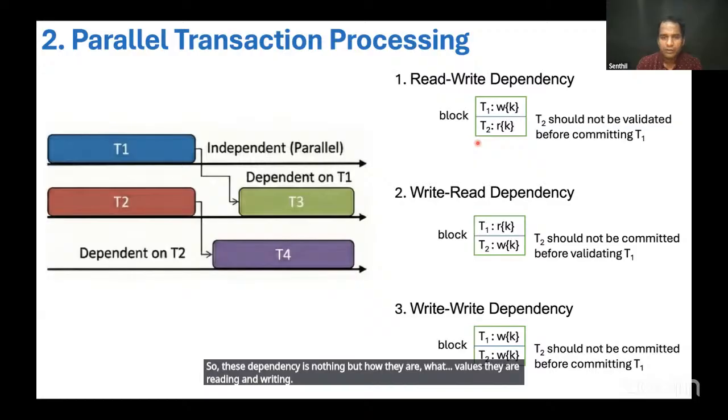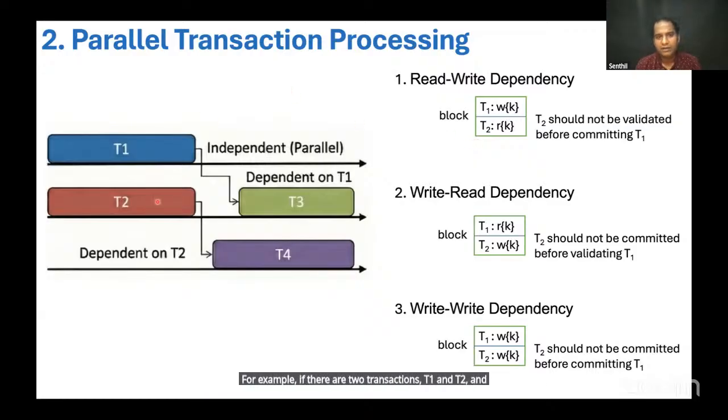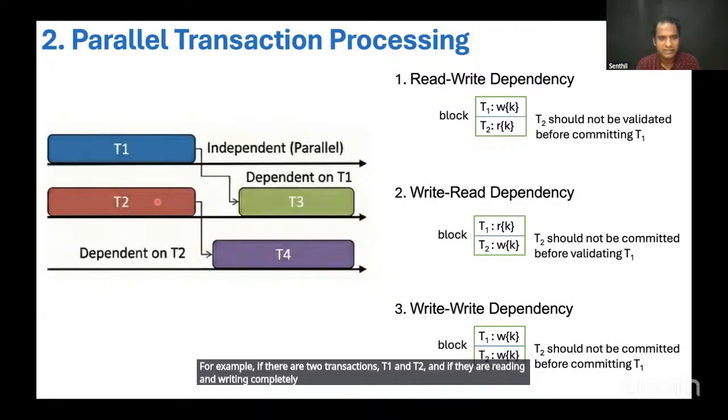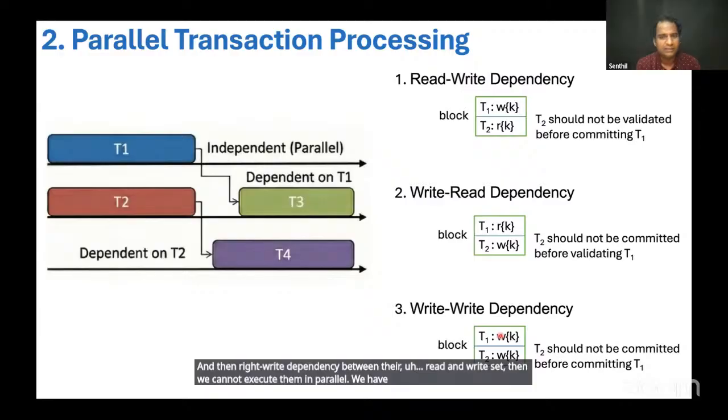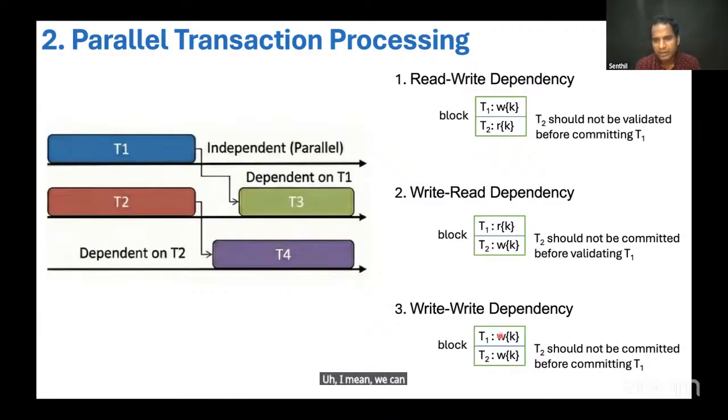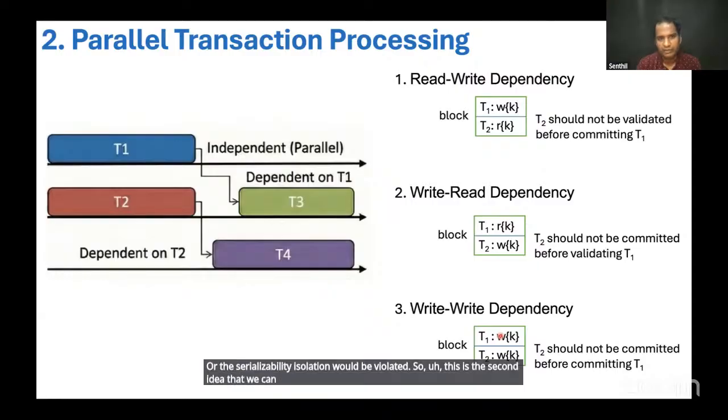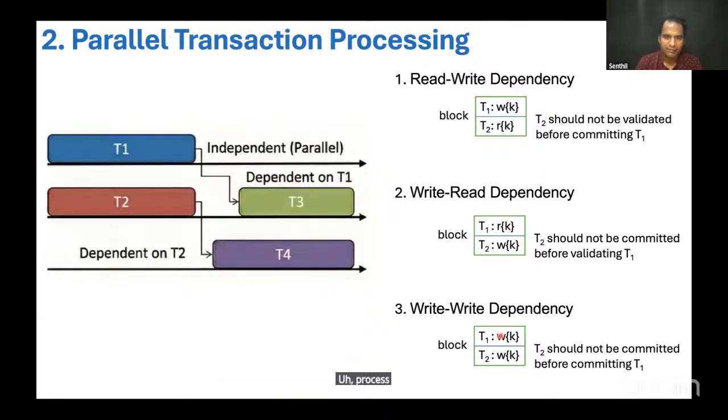For example, if there are two transactions, T1 and T2, and they are reading and writing completely different sets of keys and values, then they are not conflicting with each other. They can be executed in parallel. Otherwise, if they have a read-write, write-read, or write-write dependency between their read and write sets, then we cannot execute them in parallel. We have to serialize them. Otherwise, we can have a double spend or the serializability isolation would be violated. So this is the second idea that we can use to process transactions in parallel.